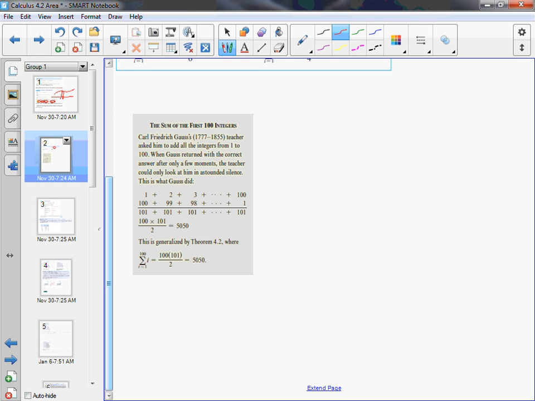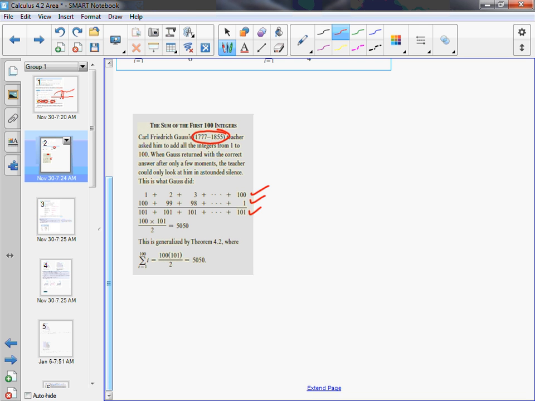When a guy named Gauss was a student, and this is pre-calculator days, obviously, his teacher told him to add up all the integers from 1 to 100. Here's what he did. He wrote them all out from 1 to 100. Then he wrote them all out backwards. Then he added down each column, and you get 101 every time, don't you?